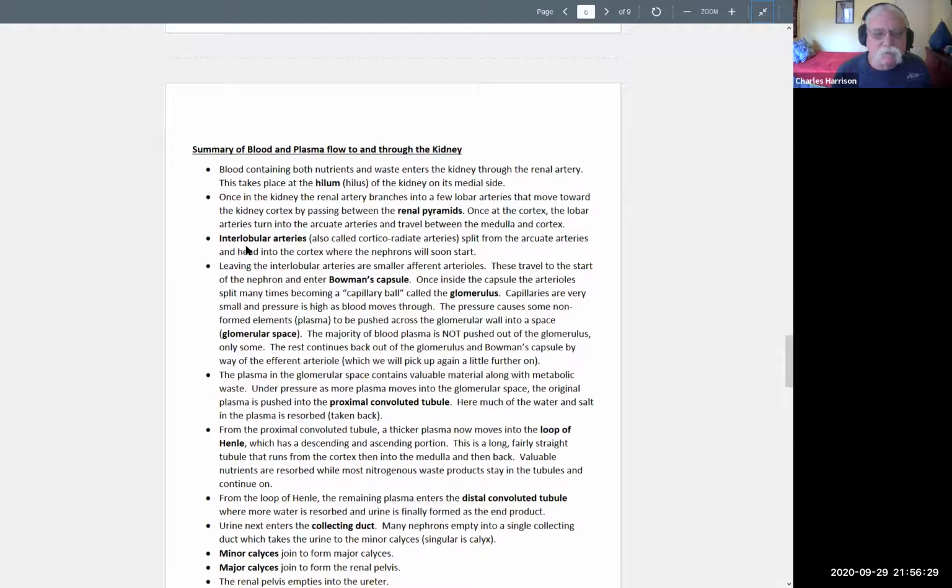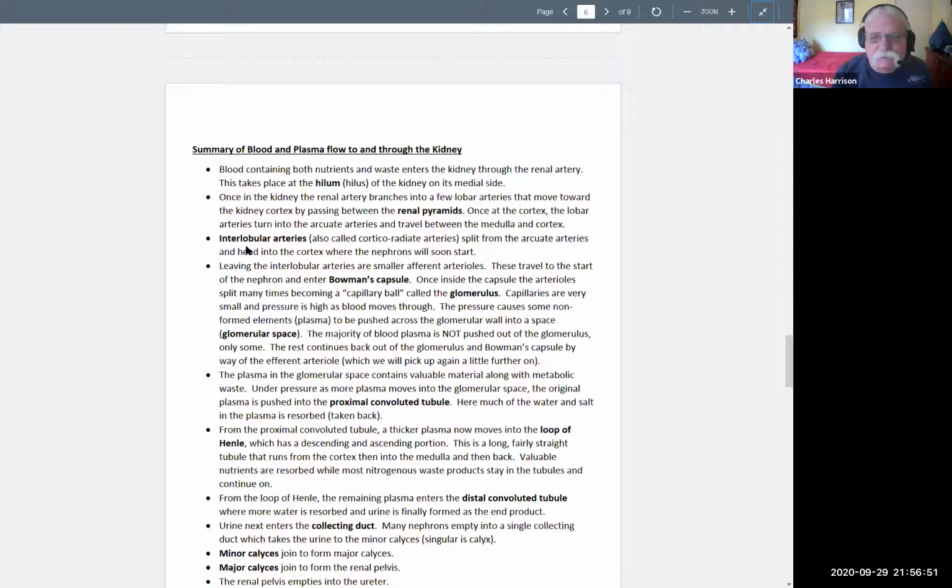Then you have interlobular arteries. These are also called cortical radiate in case you come across it. I tend to like the term interlobular myself. These split from the arcuate arteries and head into the cortex where the nephrons will soon start.